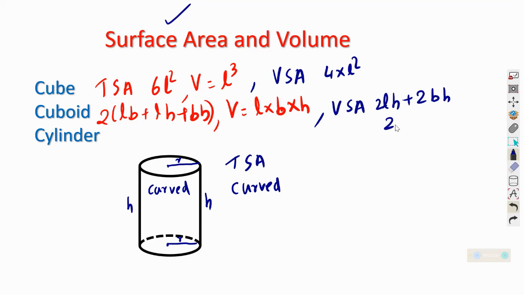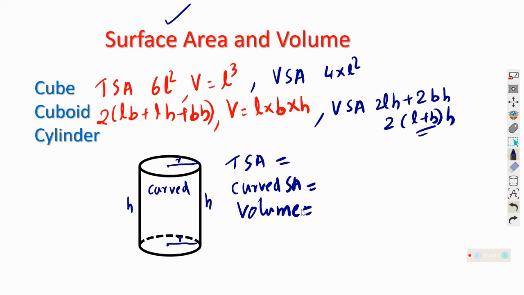That means 2 into L plus B into H will be the formula. Now coming back to cylinder, where you will have curved surface area, total curved surface area, and total surface area. You also studied about the volume of it. These are the 3 things you know.